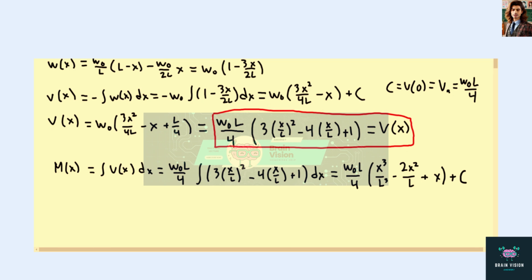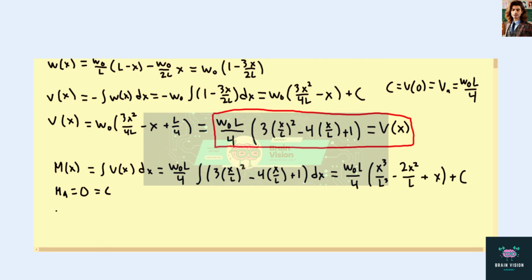Now we know that M of 0 is equal to 0. The moment at the end of our hinge is equal to 0. Right, so our integration constant here will be equal to 0.